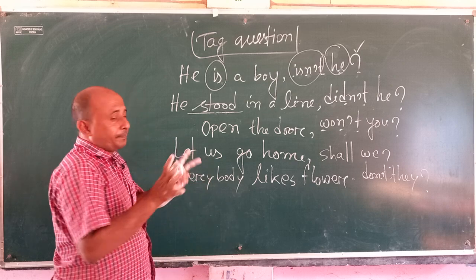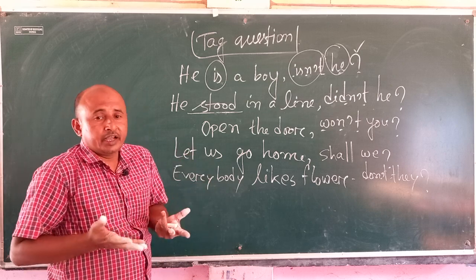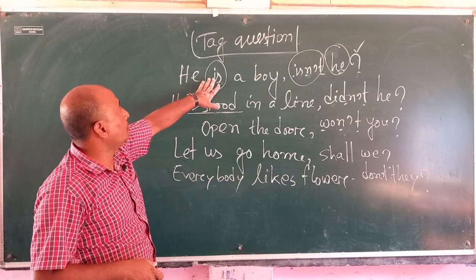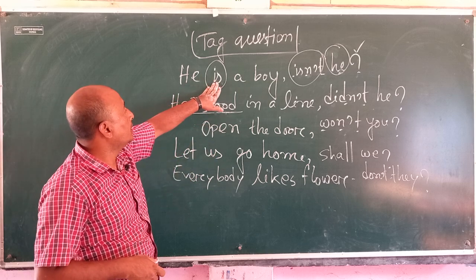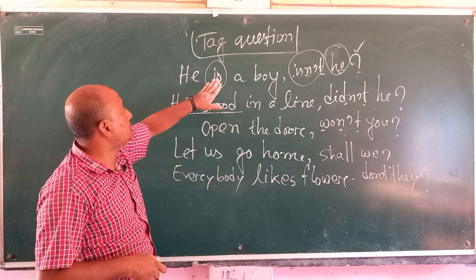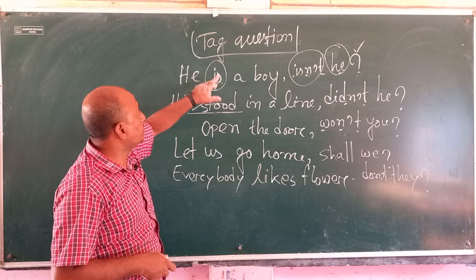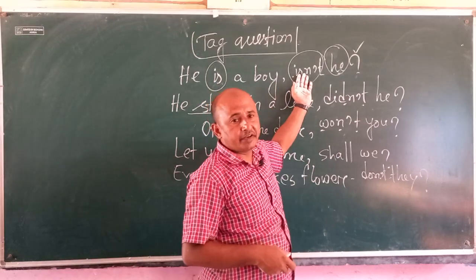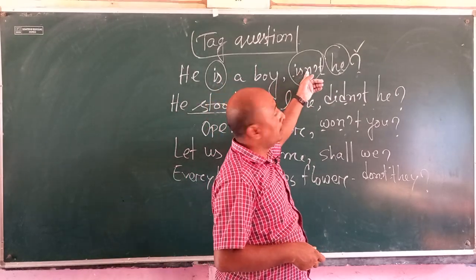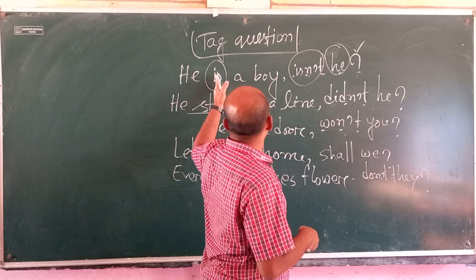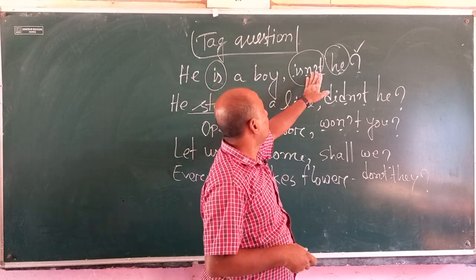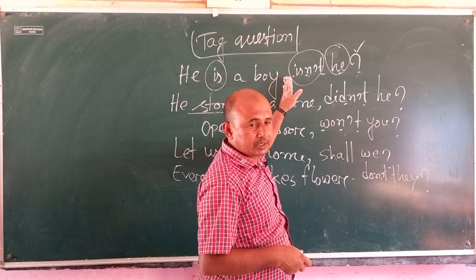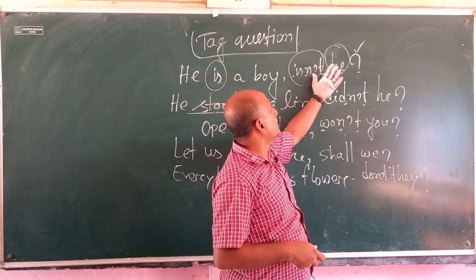So there are many rules I have already mentioned for writing a tag question. At first, when we see this is an affirmative sentence and the auxiliary verb is used in this sentence, then we must write the same auxiliary verb. If it is an affirmative sentence, we shall write a negative form, and if it is a negative sentence, we shall write the affirmative form.